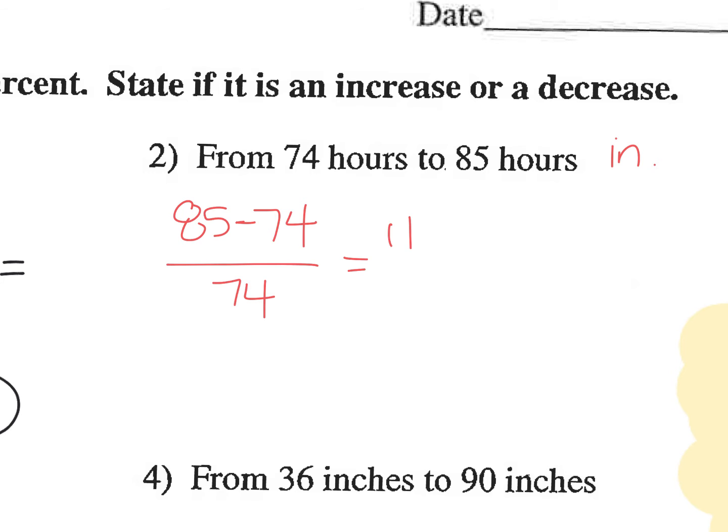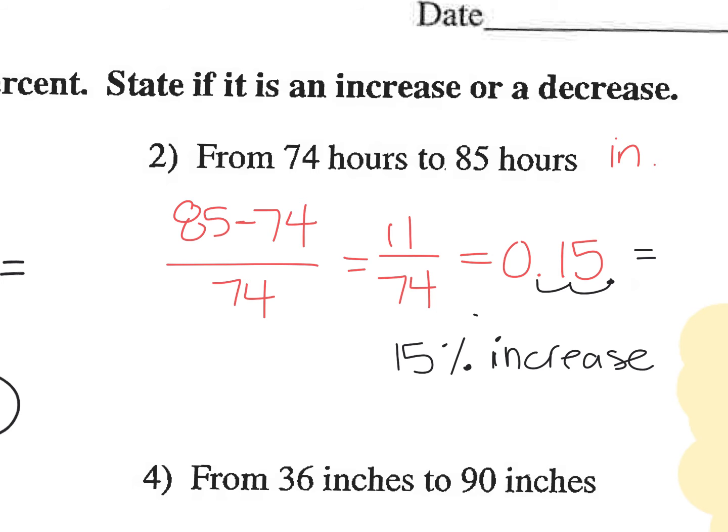I get 11 over 74 still. So now in my calculator, I'm going to do 11 divided by 74, and I get 0.15. I'm going to round it to the nearest hundredth. 0.15 or 15 hundredths. Then remember, we need to take the decimal and move it to the right 2, and that's how I get 15%, and then it's an increase.